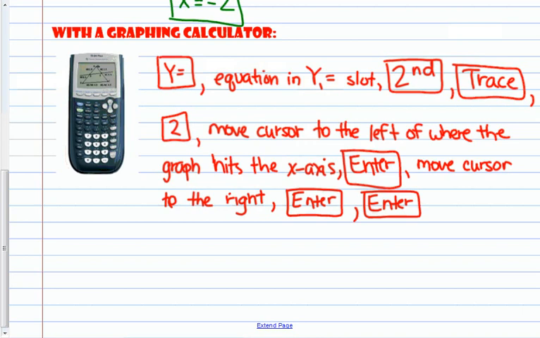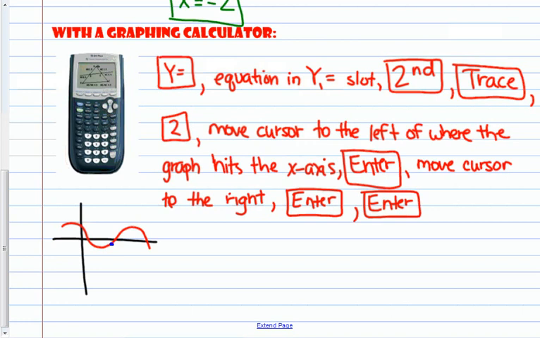Move the cursor to the left of the curve where the graph hits the x-axis. So let's say here's my x-axis and y-axis, and here's my graph. So you're going to have a little cursor, and you're going to move it to the left of where the graph hits the x-axis. So let's focus on this x-intercept. That'll be the left. So you would move the cursor about there.